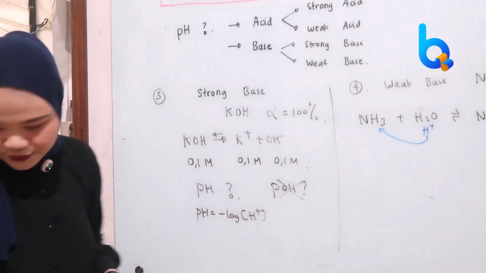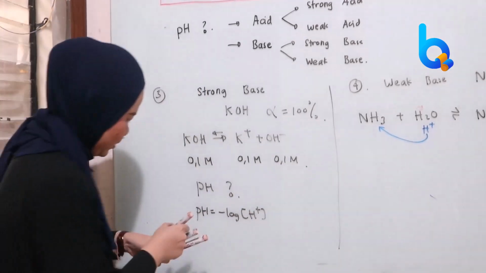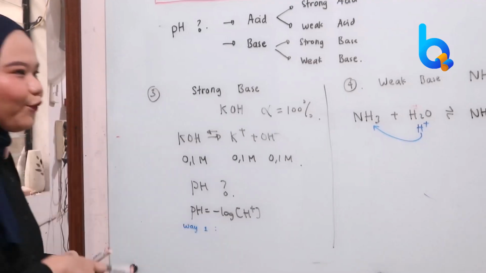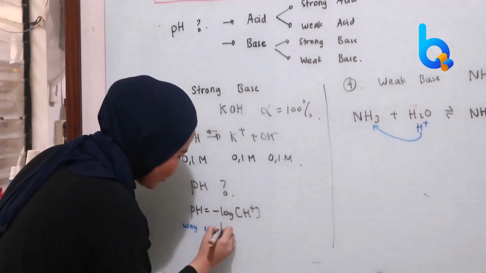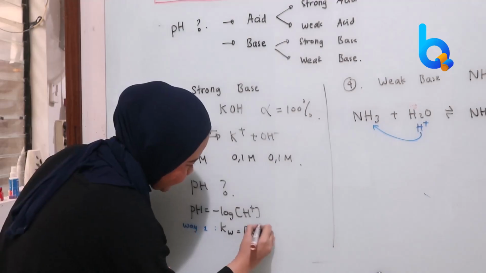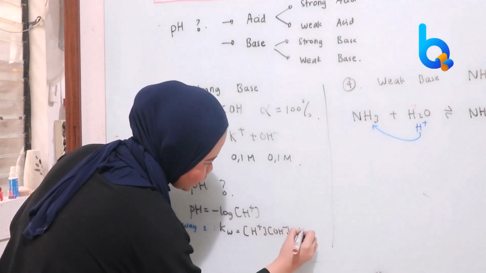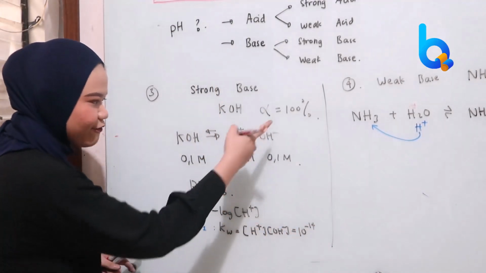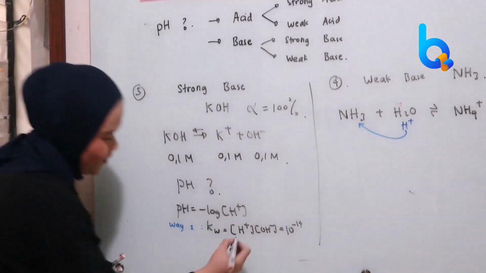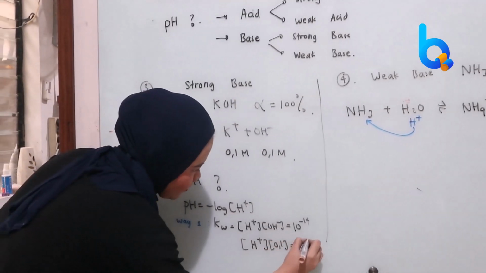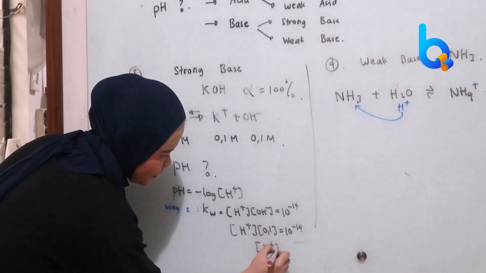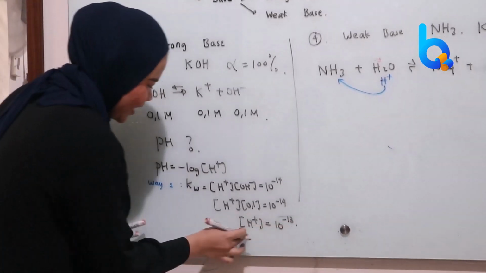You have two ways for this problem. Way one, we can use Kw. Kw is H plus times OH minus equal to 10 to the power of minus 14. If we have OH minus, we can calculate H plus, right? H plus equals 10 to the minus 14 divided by OH minus. So we can calculate H plus. Okay, simple. After that, we can calculate pH.